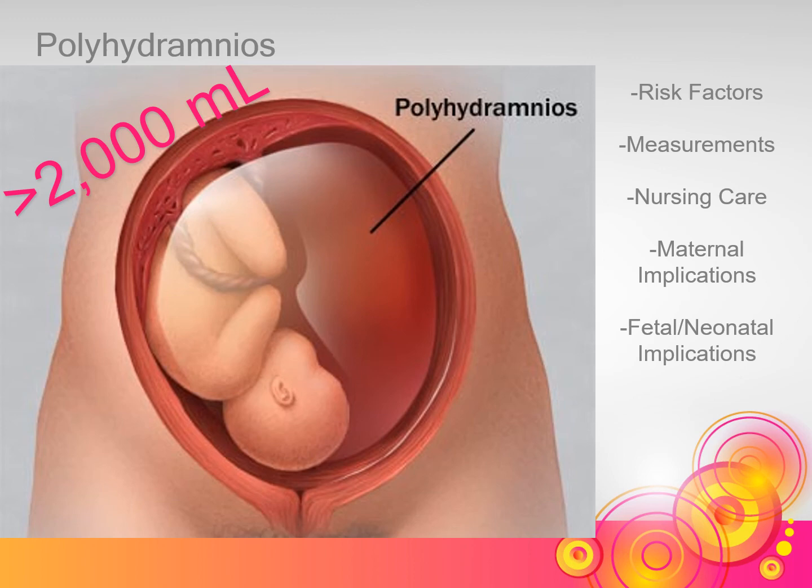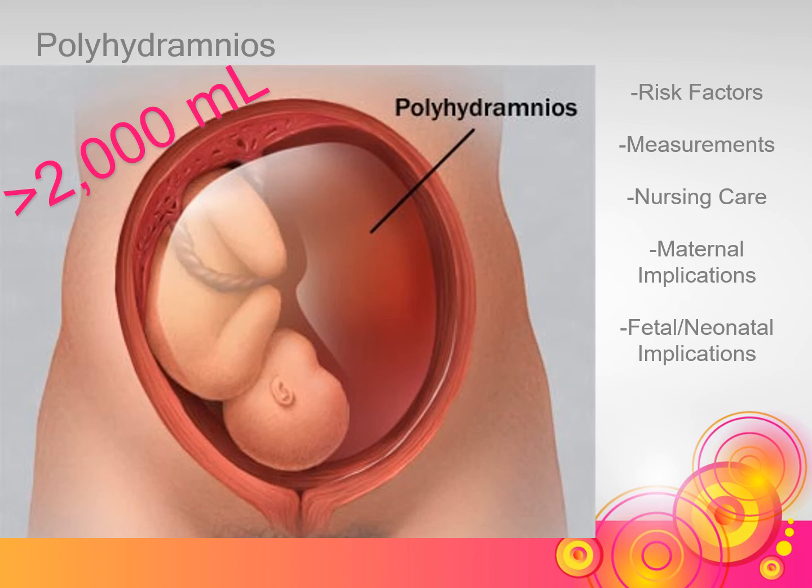When there's too much fluid in there, it's difficult to palpate the fetus or auscultate the fetal heart rate. In severe cases, we may see that the abdomen gets tense and tight, and the ultrasound could show large spaces between the fetus and the uterine wall.